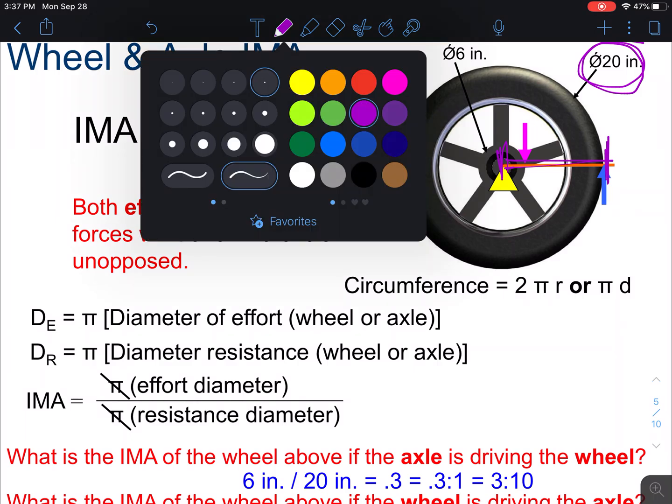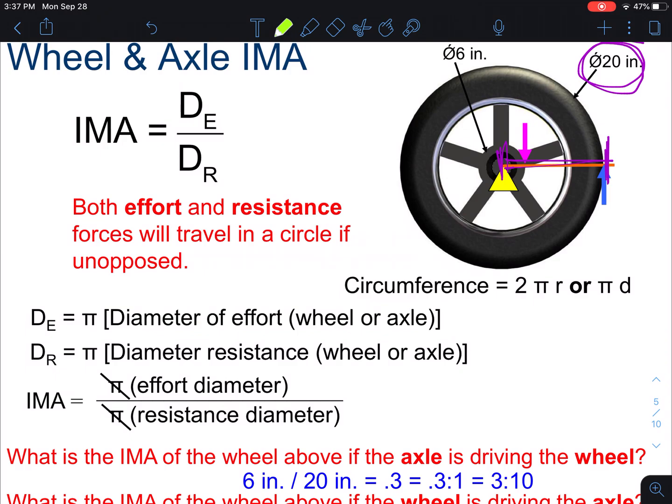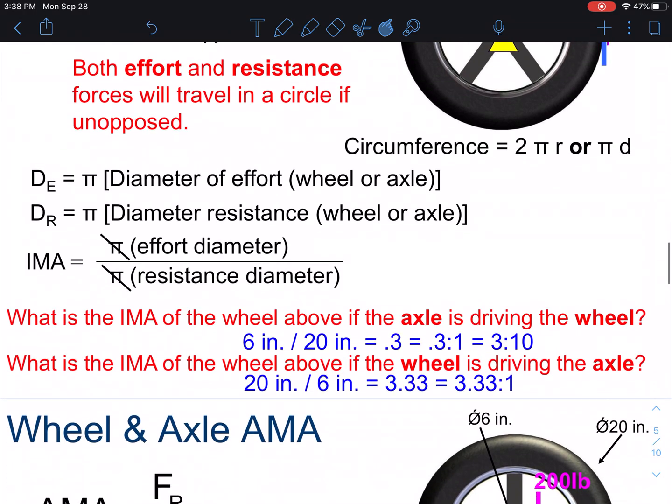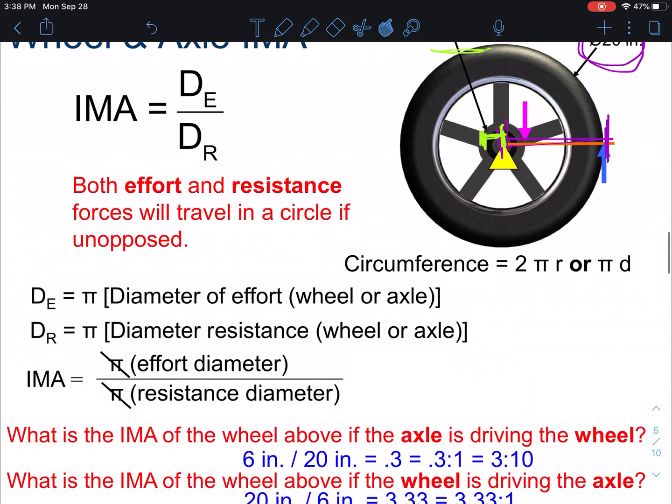It's the radius of the wheel, and then we have the axle. Okay, I'm going to change the color here. So the axle is the distance from here to here, and we're told that's 6 inches.